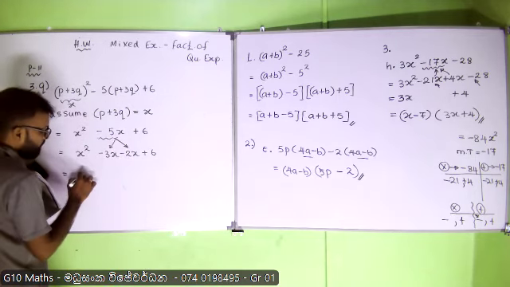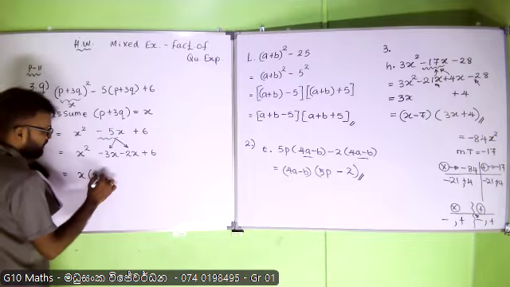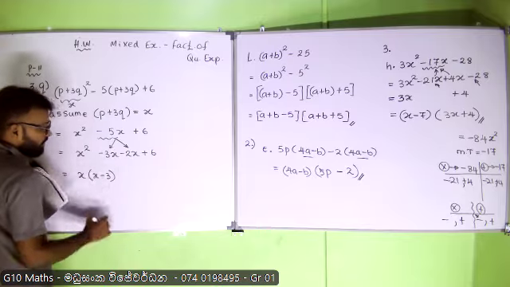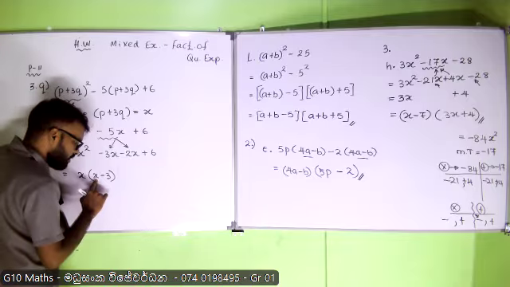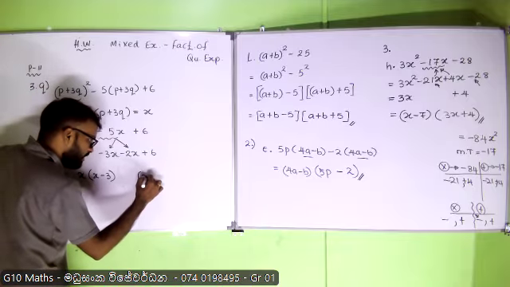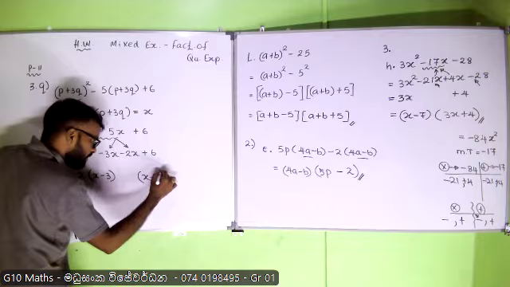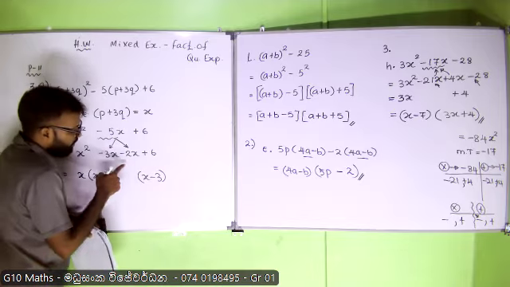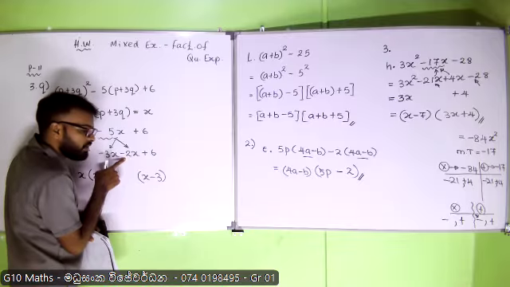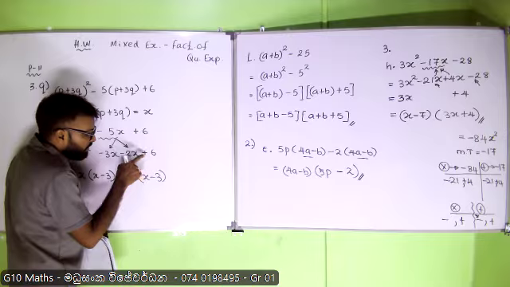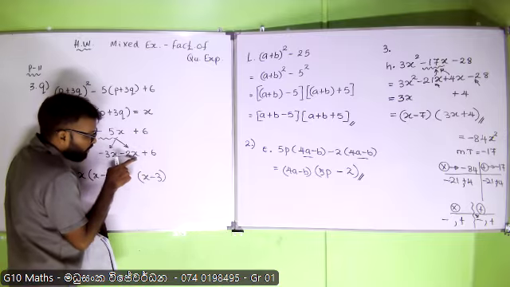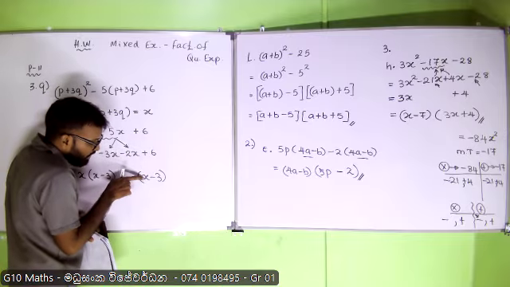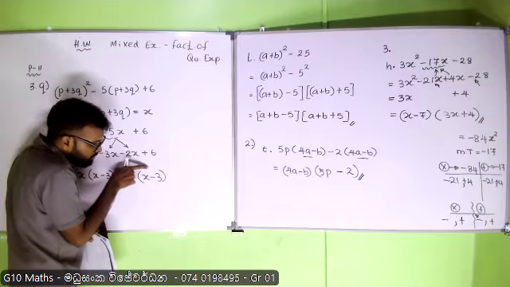So here, take x out, x minus 3. You are going to make the definite term x minus 3. Here, negative 2x has become positive x, and positive 6 becomes negative 3.